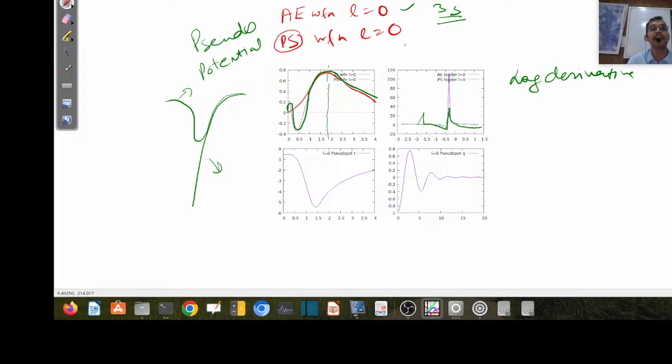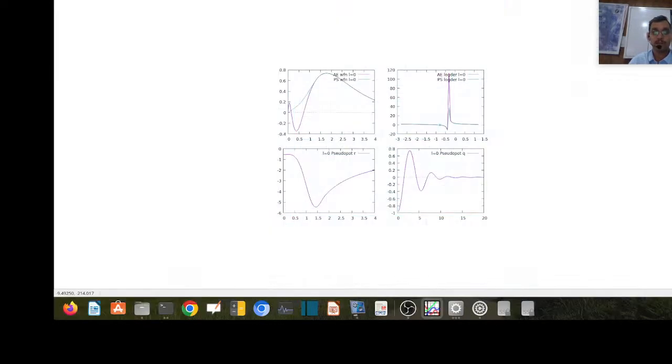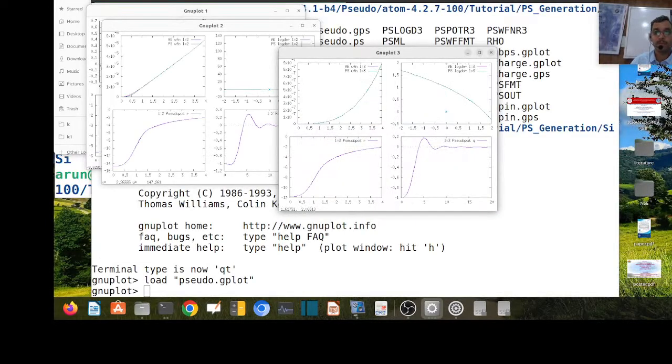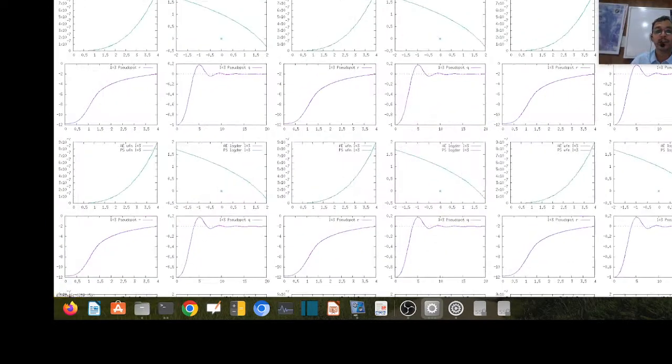Similarly, we can look at the other orbitals also. And this information is also contained in the other orbitals.